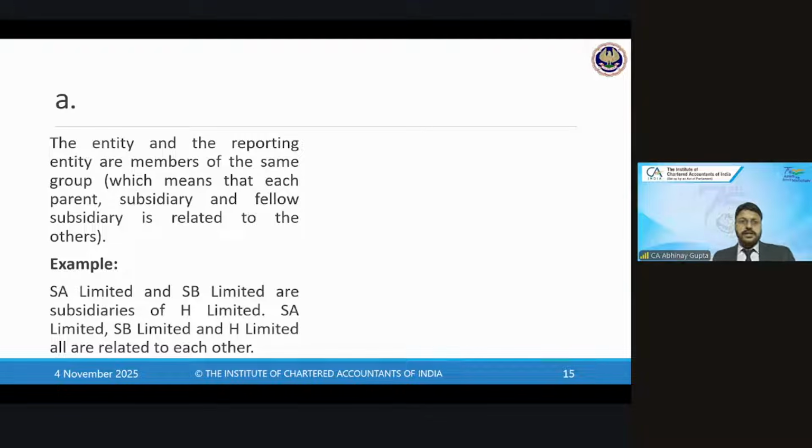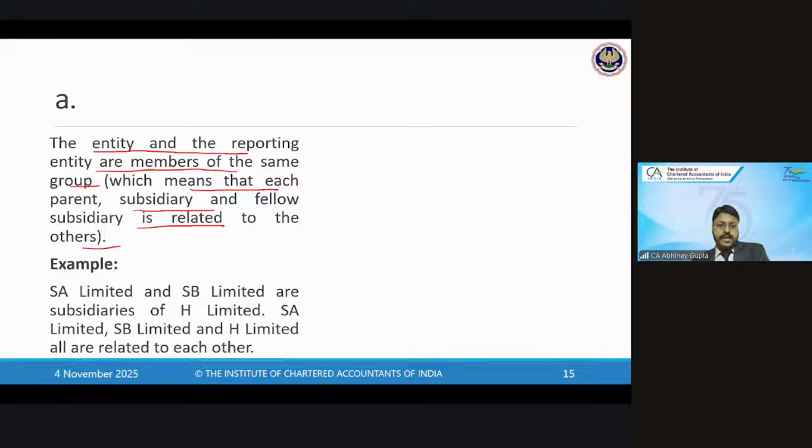So maybe we will understand it better once we are done with these clauses. Let's discuss all the clauses which define the relationships, and then we will do a lot of practical cases again. Okay, first clause of the relationship: the entity and the reporting entity are members of the same group, which means that each parent, subsidiary and fellow subsidiary is related to the others.